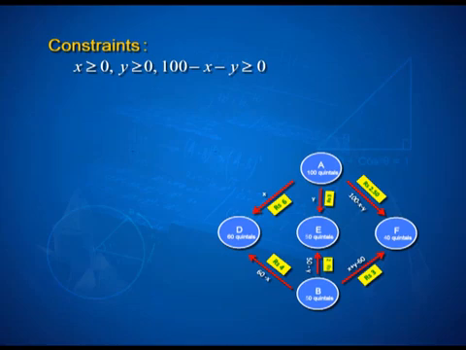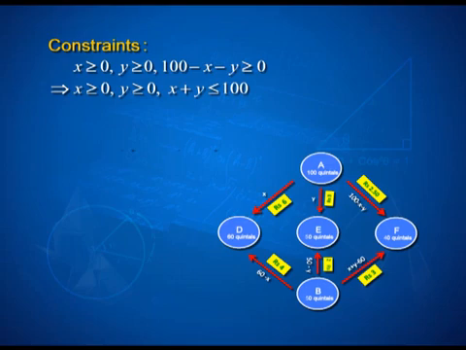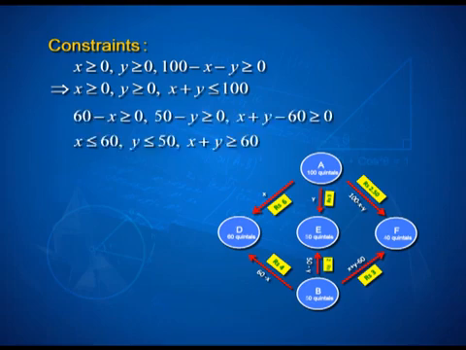Therefore, you get three conditions from here: X is greater than or equal to 0, Y greater than or equal to 0, X plus Y less than or equal to 100. Similarly, 60 minus X, 50 minus Y and X plus Y minus 60 must all be greater than or equal to 0. Rewriting, I get 3 more inequalities. So, these are going to be 6 constraints under which we want to now minimize the total transportation cost.